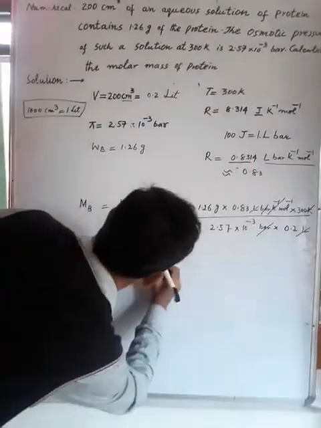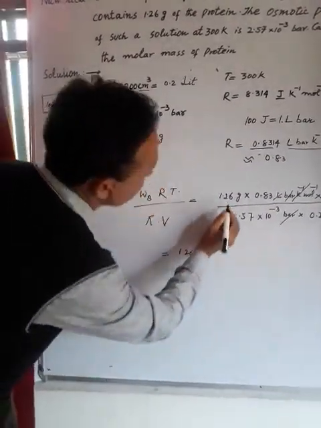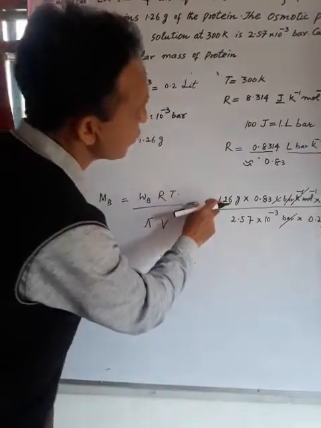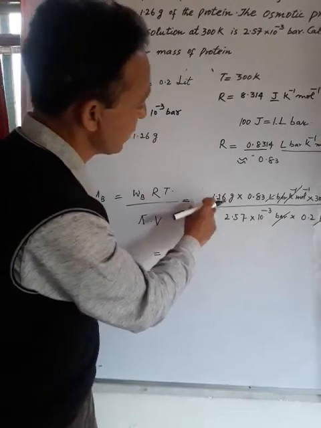So this is 1.26. We will write 126 divided by 100. Similarly, we have 2 digits on the right side of the decimal here too.